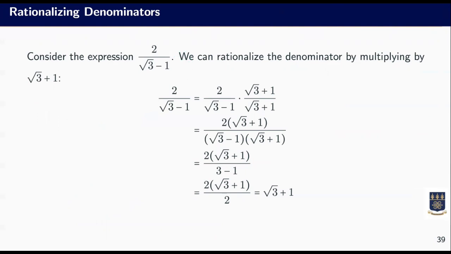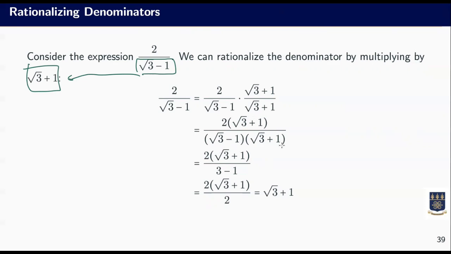So conjugate in this case, because this is the square root of 3 minus 1, its conjugate is the square root of 3 plus 1. And it's picked so that when you multiply, at the bottom, you have a difference of squares. If you have a difference of squares and the radical is a square root, this radical disappears because of the squares.